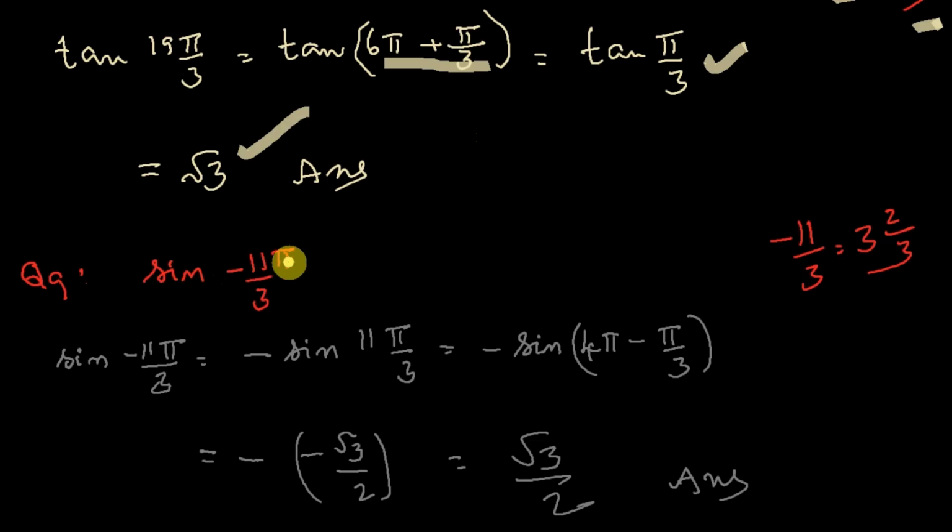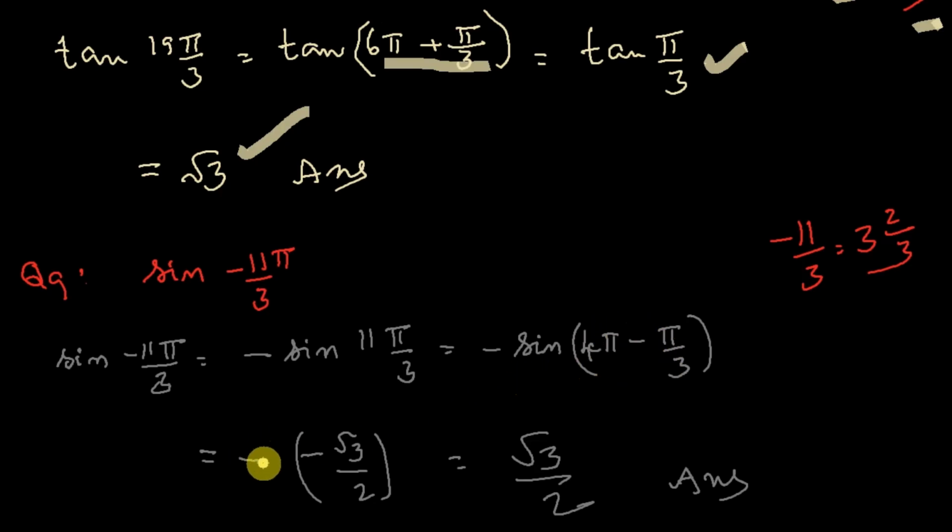Sine of minus 11 pi by 3. Sine of minus theta is minus sine theta, so this becomes minus of sine 11 pi by 3. That is minus of sine of 4 pi minus pi by 3. You can see this is 11 by 3.